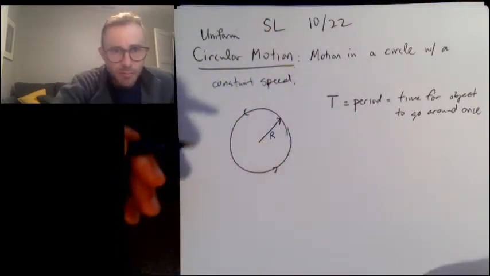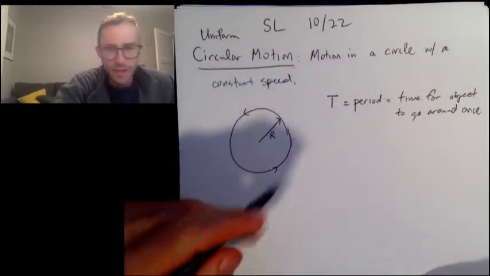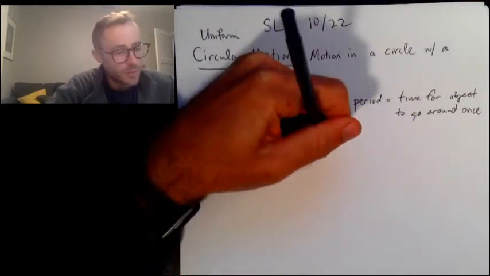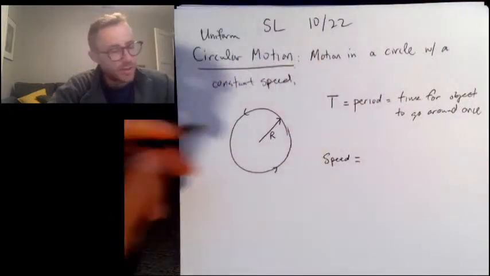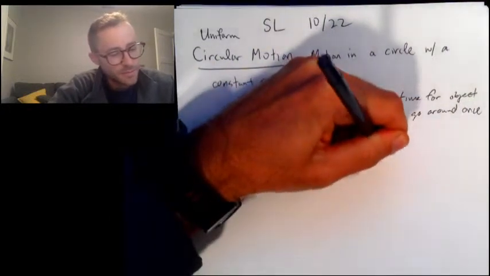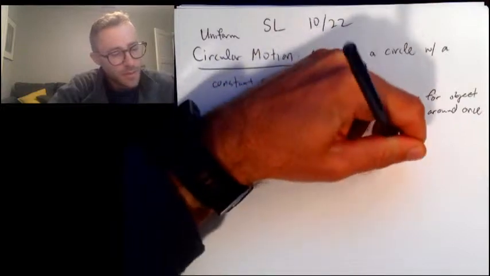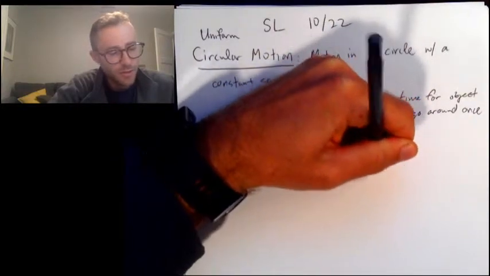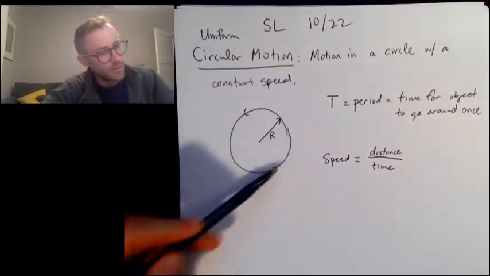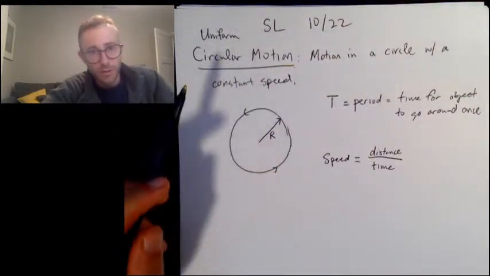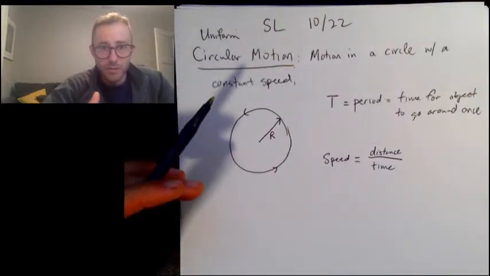Now, based on this, we can actually get an equation for the speed. So remember, speed is distance traveled divided by the time it took to travel that distance, okay? So the distance traveled is the distance all the way around the circle, which is its circumference.